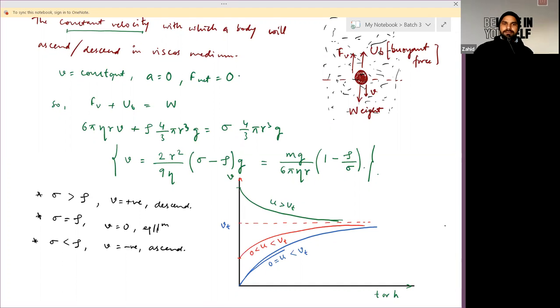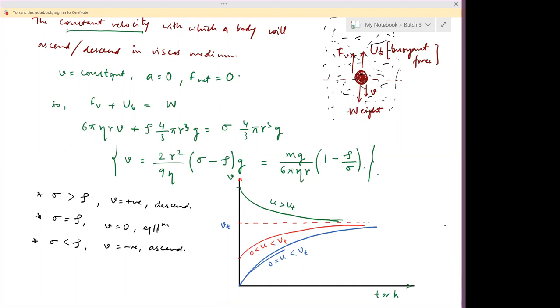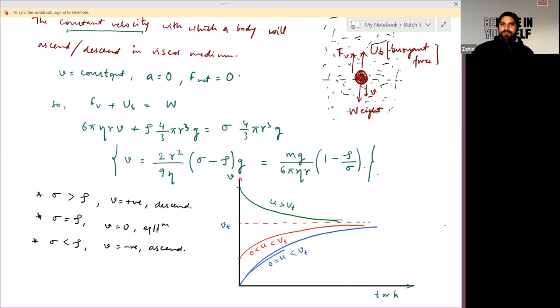Atif, is it clear? Yes. Mohammad Irfan, any doubt? No, sir.